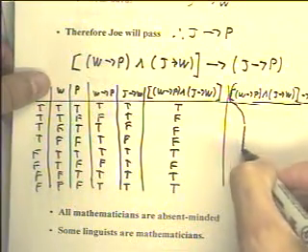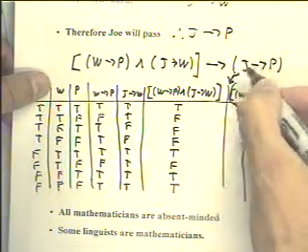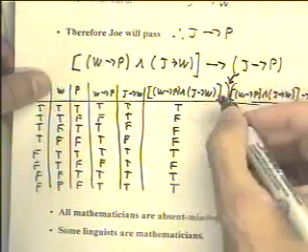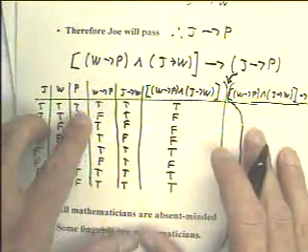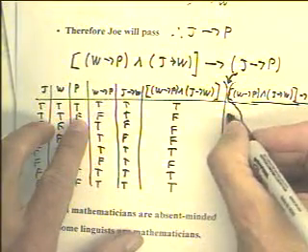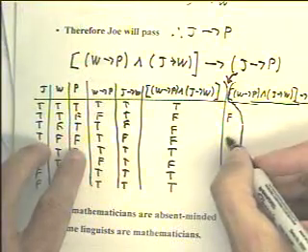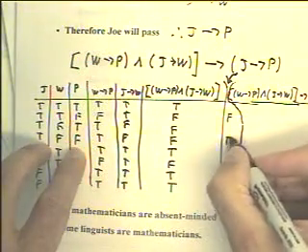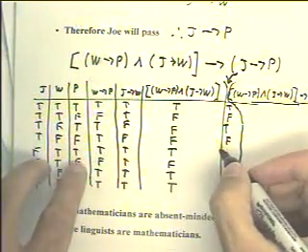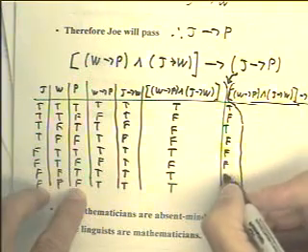I'm going to make a little column for if J then P, right here in between this column and this column. So if J then P, we have to look at the J and P columns and see, well, here we have a false coming from a true, and here we have a false coming from a true in the fourth line. First and third lines are okay, and then we don't have any more trues for the J.